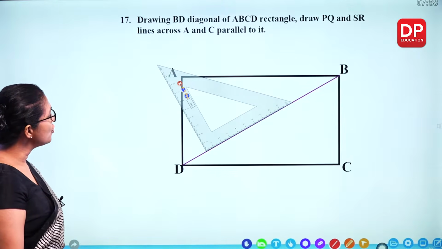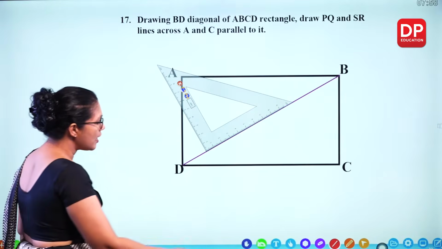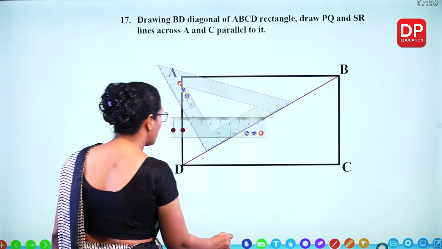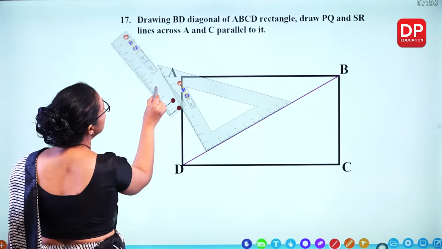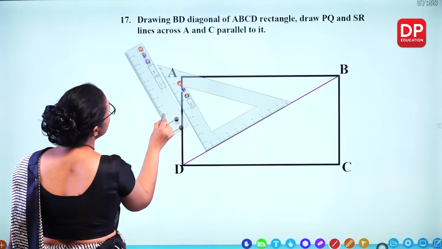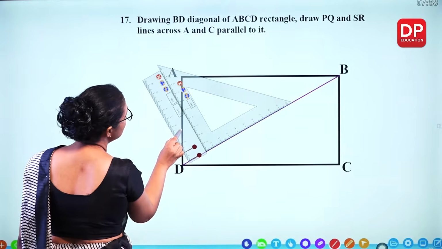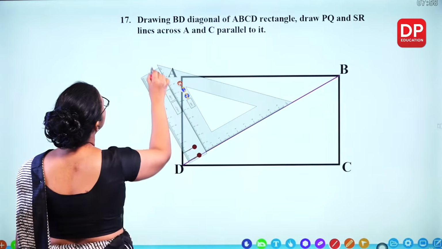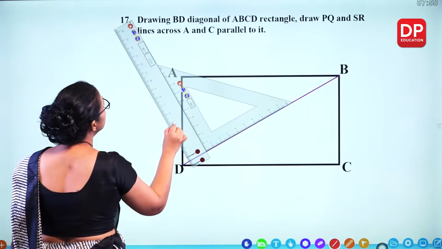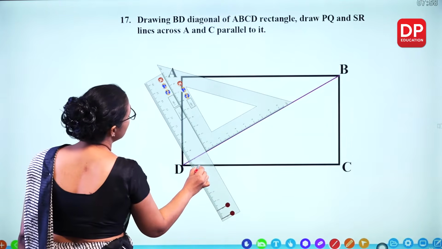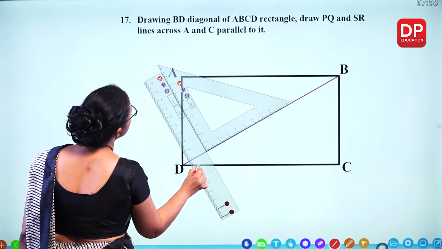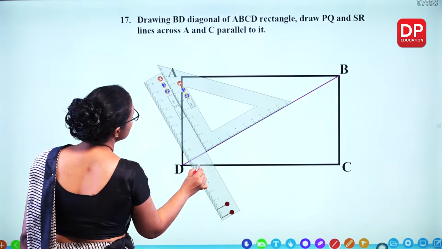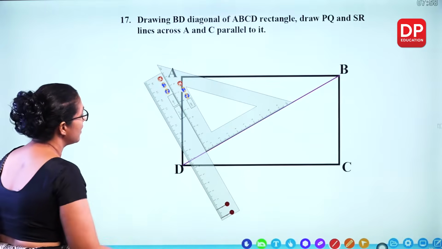And then what you do? You take the ruler. We need a ruler now. And you can keep the ruler on this set square, touching this edge like this.